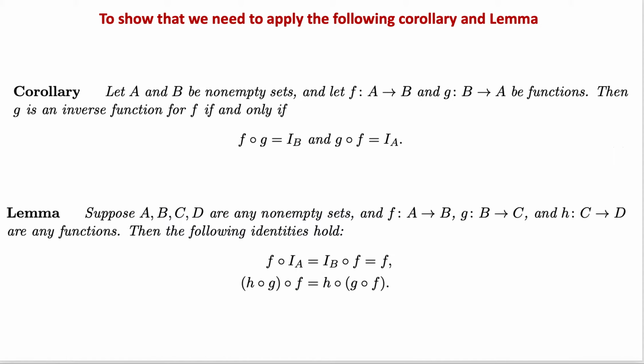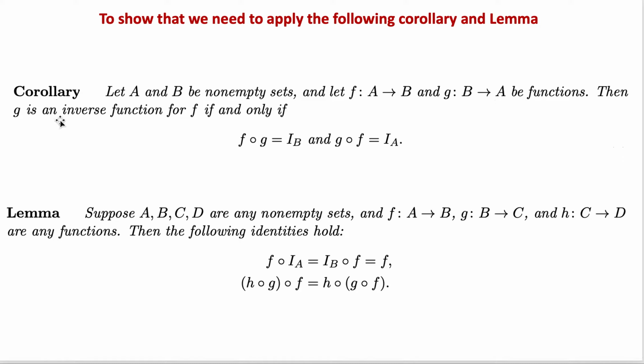Let's go to the next slide. In order to prove the theorem, we need to apply the following corollary and the lemma. The corollary says: let A and B be non-empty sets, and let f: A → B and g: B → A be functions.